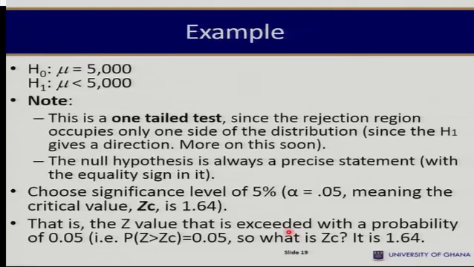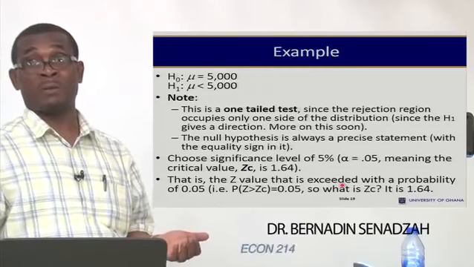To test the hypothesis, we first state the hypothesis. Denoting the mean hours by mu, the null says that the mean is equal to 5,000, but the alternative is saying that the mean is less than 5,000. Why did we state the alternative as less than 5,000? We wouldn't worry if the mean actually exceeded 5,000.